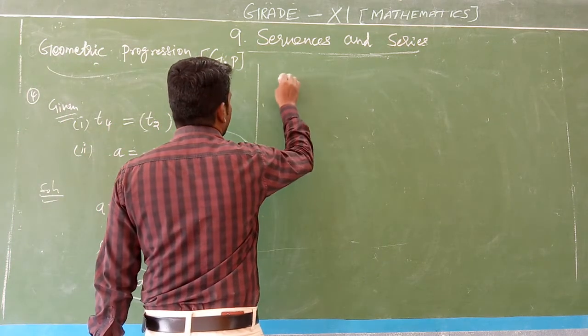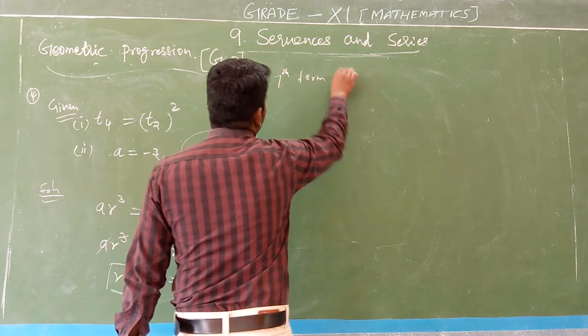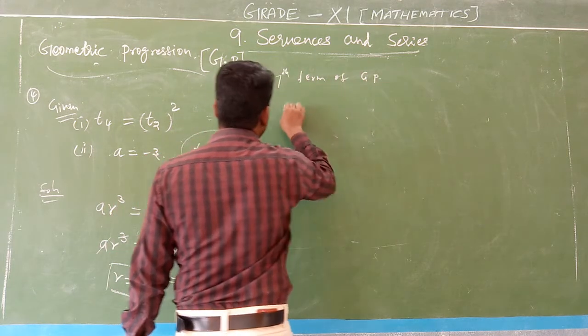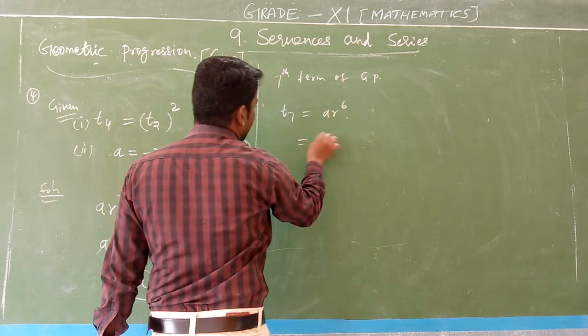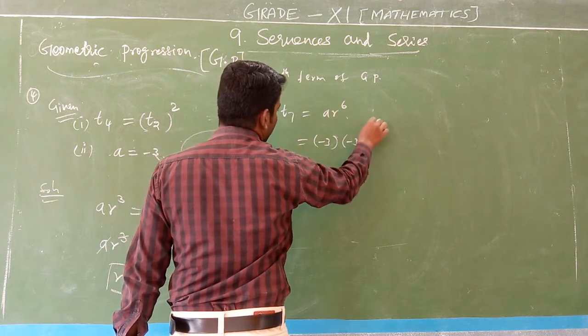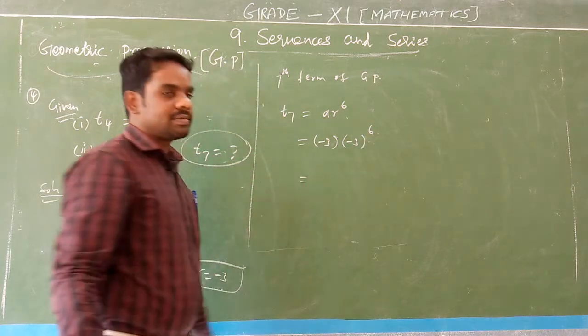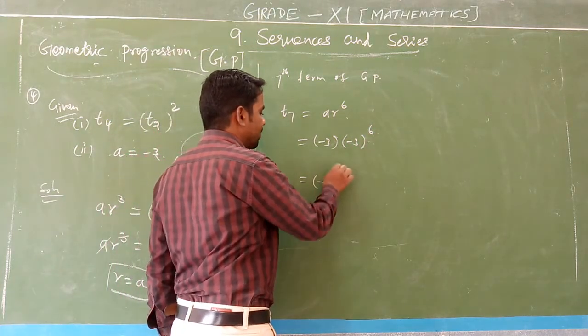So we need the seventh term of the GP, that is T7 equals a r power 7 minus 1, that is r power 6. A is minus 3 and r is minus 3, so minus 3 into minus 3 power 6 is minus 3 power 7.